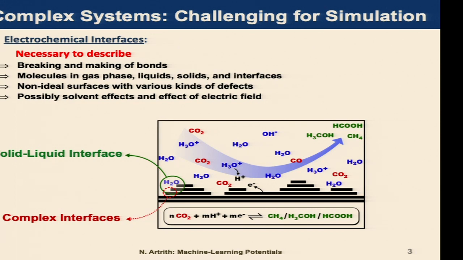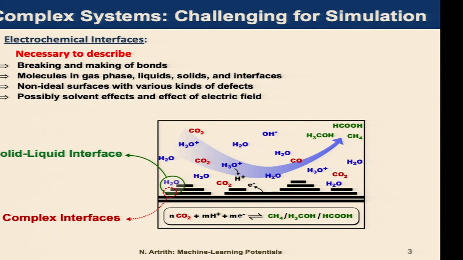So I would like to check here: if we would like to have really accurate potentials, we need a potential that can describe bond breaking and forming at the same time. That also includes gas phase, liquid, solid, and interface, and sometimes it is non-ideal and contains a lot of defects, and also includes some solvent effects and electric field.